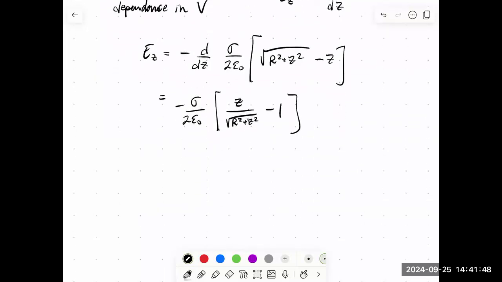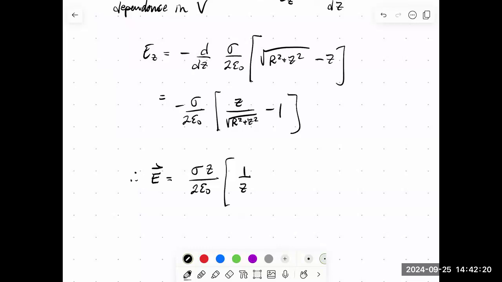So fair enough. Therefore the vector E is only going to have a z component. So there'll be a sigma over 2 epsilon naught. I'm going to take this z outside, and bring the minus sign inside. So if I take a z outside, I have a 1 over z here. And if I bring in the minus sign, it becomes plus.